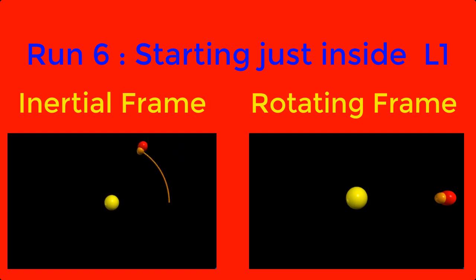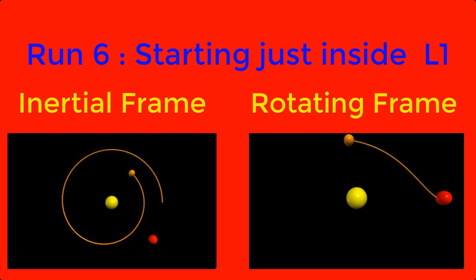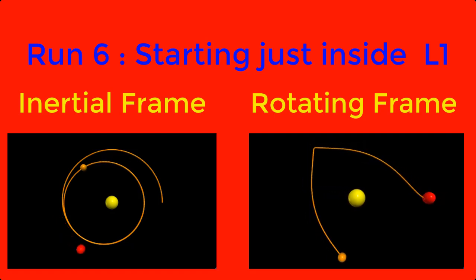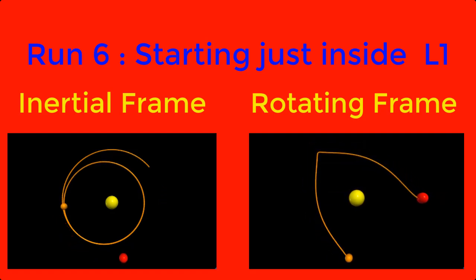And then starting just inside L1, you can see it seems to hover just inside L1, but then starts moving away from the L1 point. In the rotating frame, it seems to have an almost triangular type of orbit here, but you can see in the inertial frame it does have an elliptical orbit around the Sun.